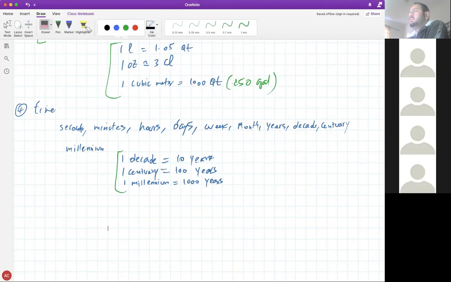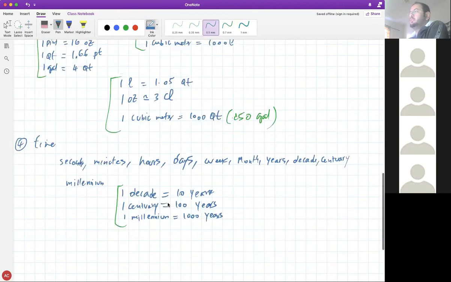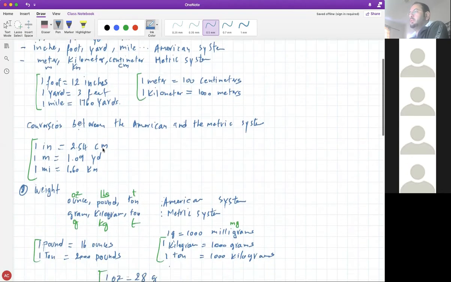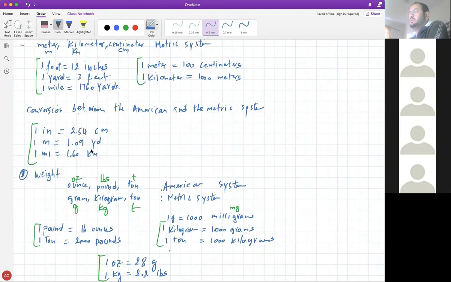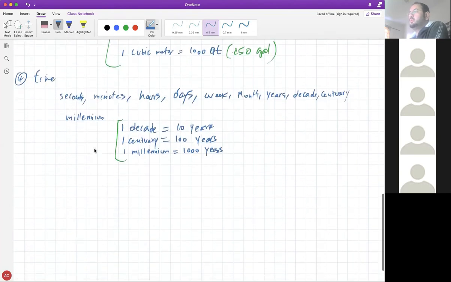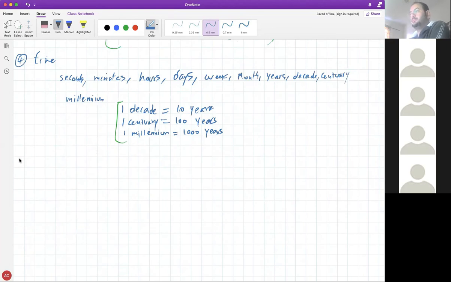Hey everybody, so let's continue with the units and conversions. In the second part, now we know most of the formulas and the units. Now let's see how to convert and solve problems involving units.